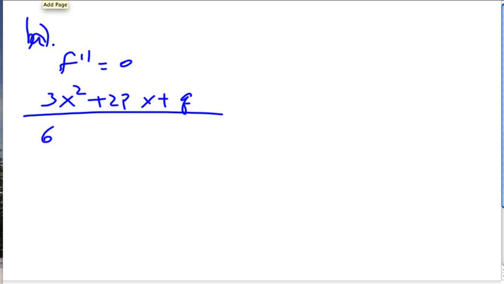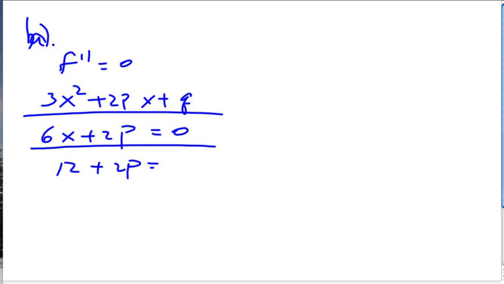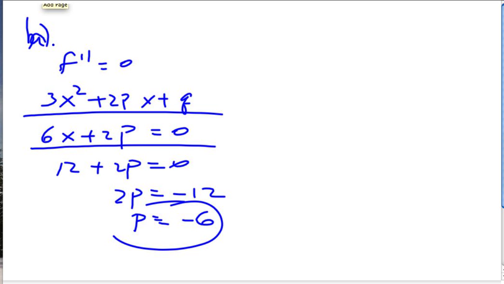We get 6x plus 2p equals 0. And when x equals 2, 12 plus 2p equals 0, so 2p equals -12, and p equals -6. That's the answer for B.